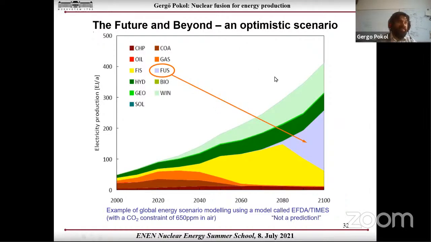And this scenario is not just optimistic from the fusion point of view, but also from the fission point of view, because according to this, fission could take off and produce most of the carbon-free energy that will be needed until the end of the century. This is not a prediction, but it's an optimistic scenario that I personally really like.